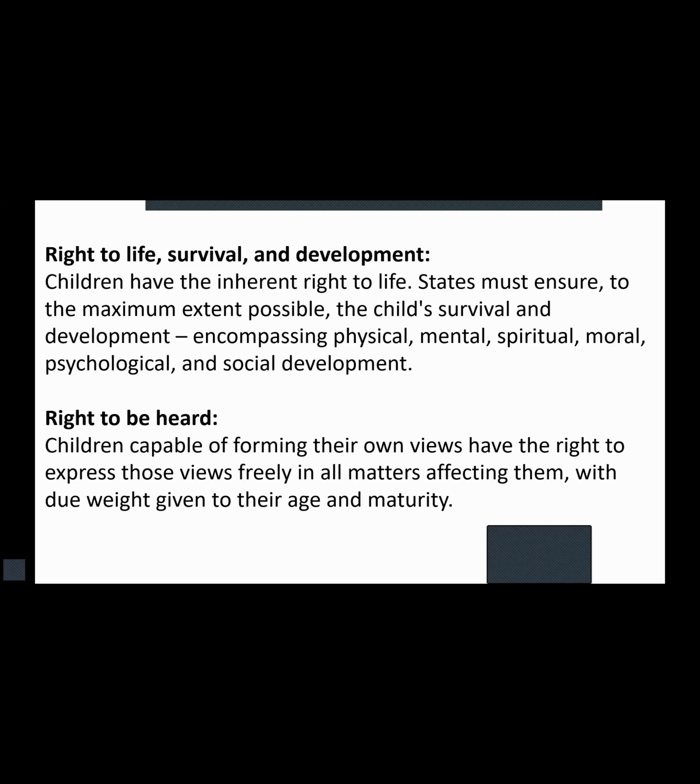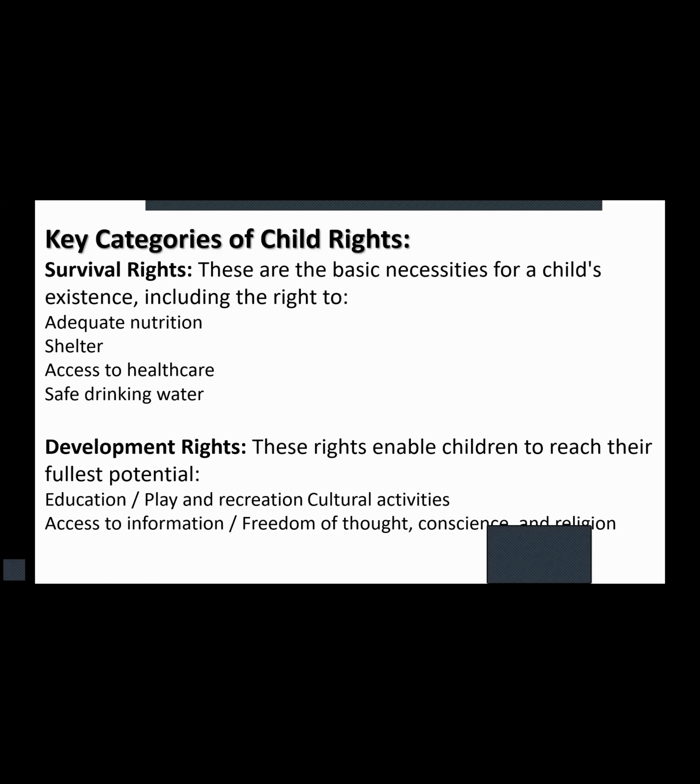Very small children cannot do it actually. When children are able to express their views, they should have the right to freely express them without any restrictions. Okay, the next one we'll see.